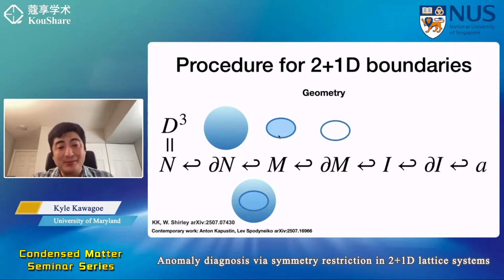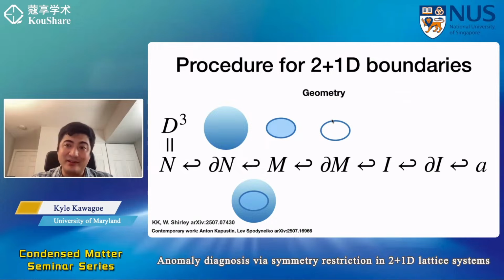And because we had a representation to begin with on the boundary, this restricted symmetry operators will be a representation again, but only up to some operator on the boundary of the region we restrict to. In this case, this boundary looks like a circle.